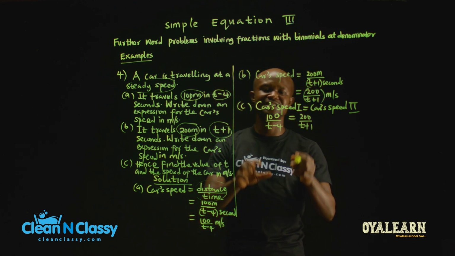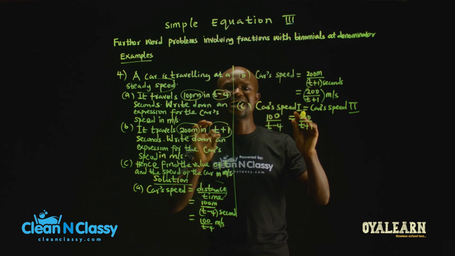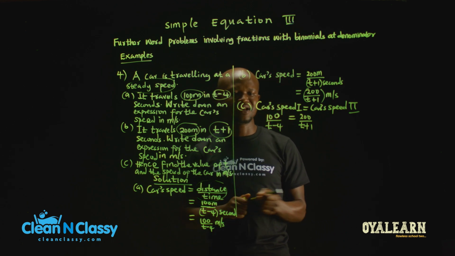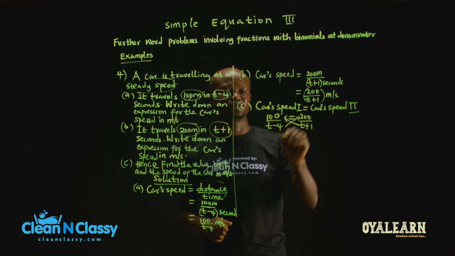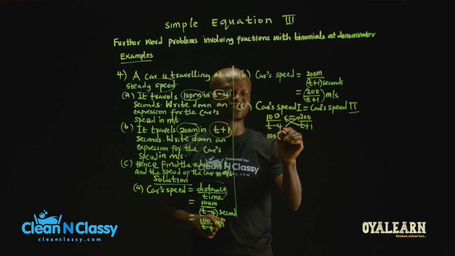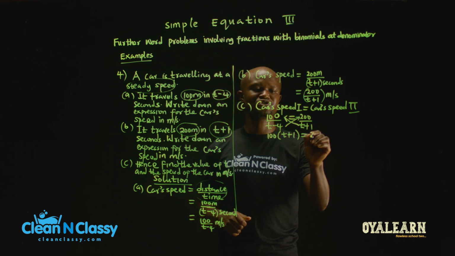We now have a simple equation with two binomial expressions at the denominators. We are going to cross multiply. By cross multiplying, we have 100 into t plus 1 equals 200 into t minus 4.